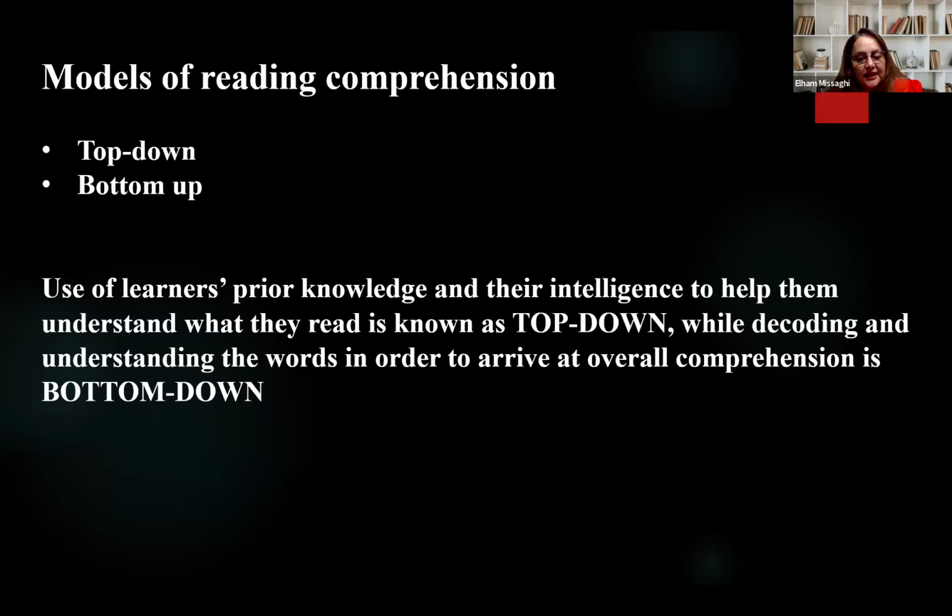They get the idea of what this reading is about. They get the idea of the main aim of this context. That model is called top down. So they read it and they understand the text and the message. Top down.